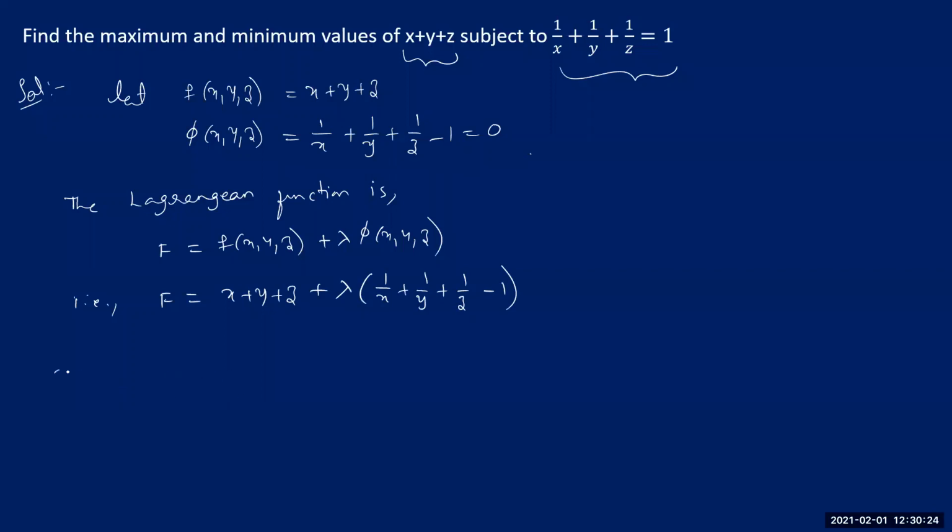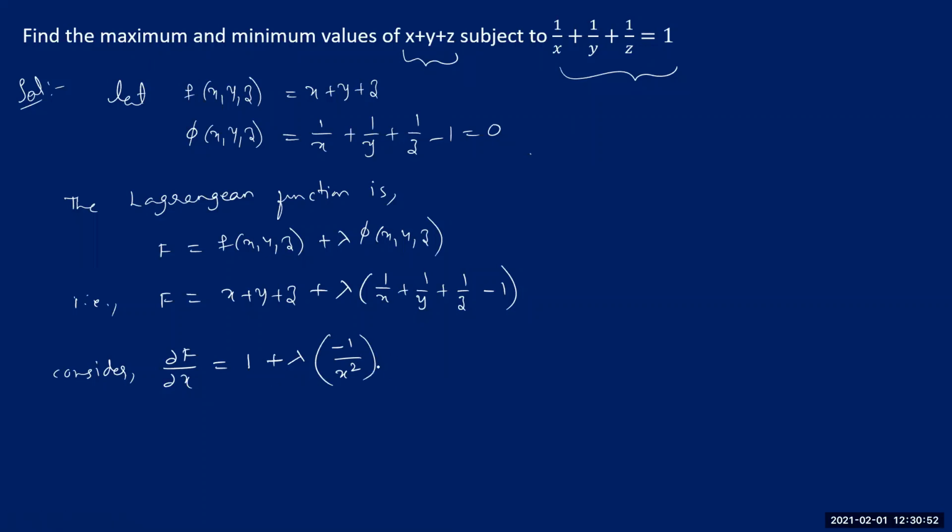Then I'm going to differentiate this with respect to all three variables. So dou F by dou x: when you differentiate x, it is 1. For y and z, as they are constants, their derivatives are zero, plus lambda times, when you differentiate 1 by x, minus 1 by x square. And the remaining 3 terms are just constants, so their derivatives are also zero, right?